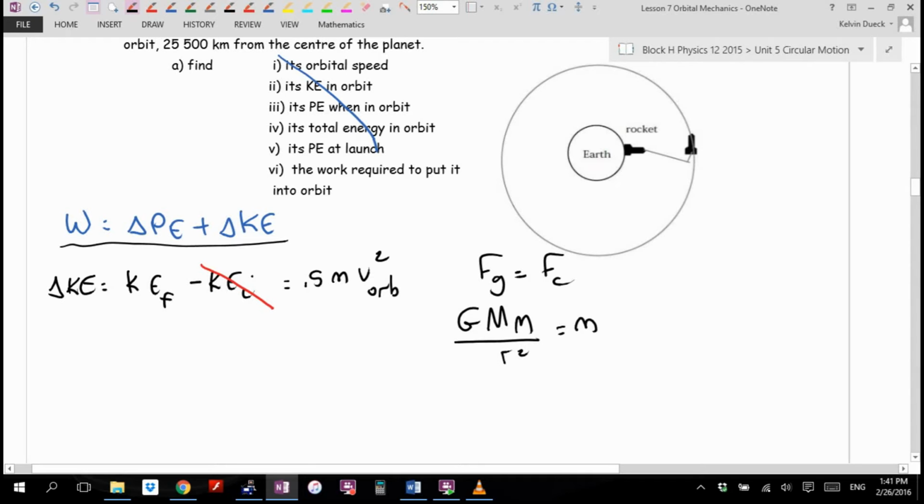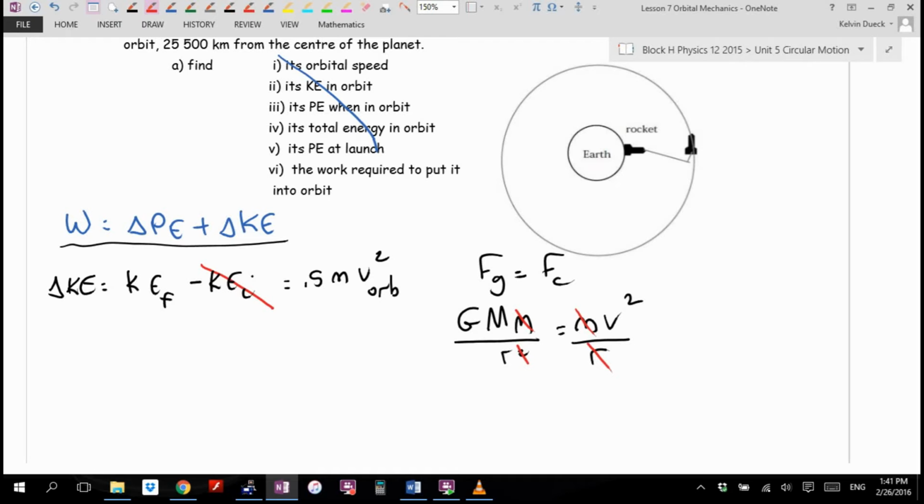Which circular acceleration equation do I want to use? The one with the speed in it, right? One of the r's cancels. Both little m's cancel. How would I get the v by itself?